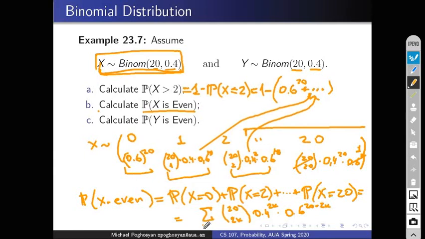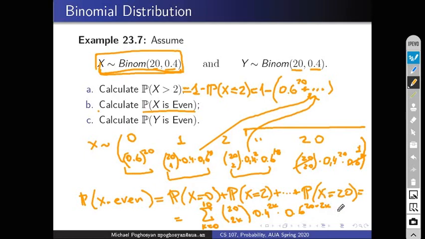And k is running. If k is 0, we will have 0 here. And if k is 1, we will have 20 choose 2. This is this case, this probability case, etc. If x is 20, then 2k needs to be 20, so k is running from 0 to 10.